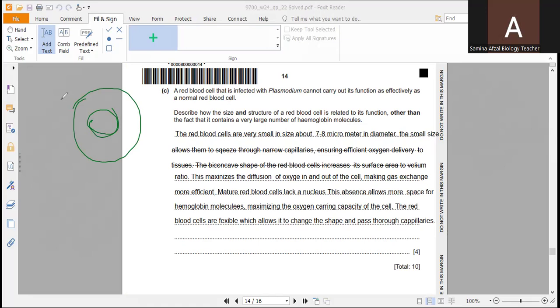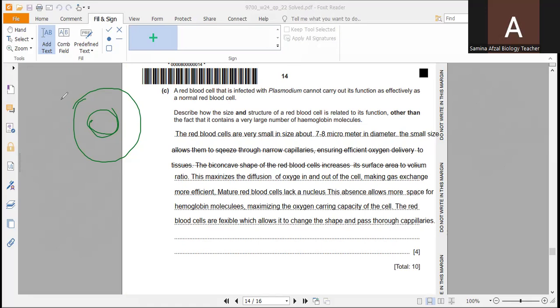The shape of the red blood cell increases its surface area, and due to the large surface area it is able to carry more oxygen. It contains red hemoglobin, which acts as a carrier of oxygen. The oxygen binds with hemoglobin, and in the form of oxyhemoglobin it is distributed throughout the body.